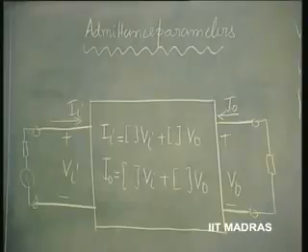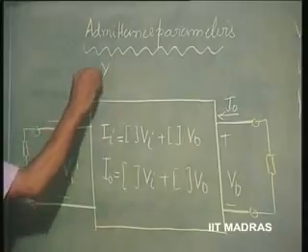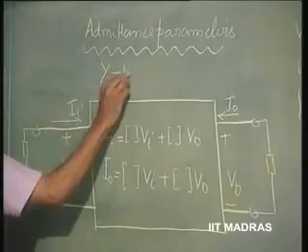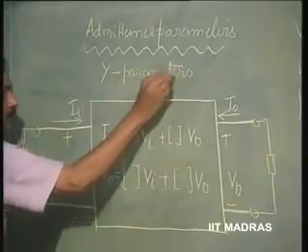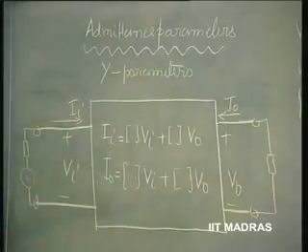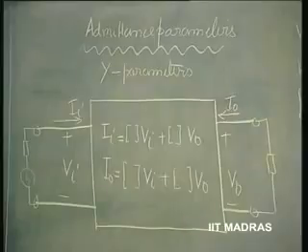We were exposed to Z parameters. Now let us see the dual of that, Y parameters or admittance parameters. These are called admittance parameters or Y parameters. Earlier they were called impedance parameters or Z parameters. Let us see. Again, it is very simple to formulate now.